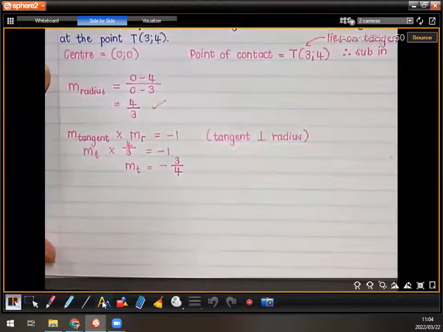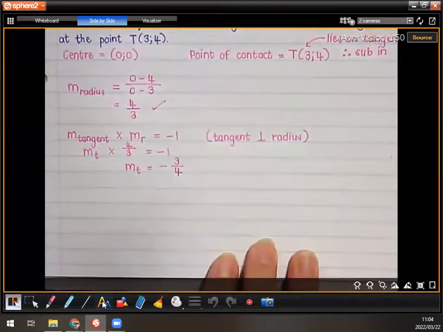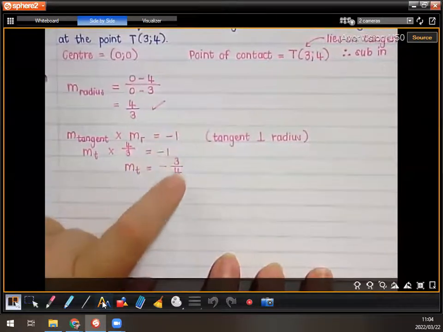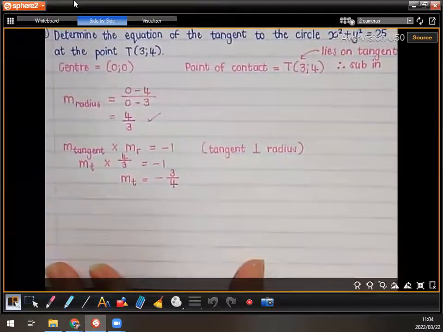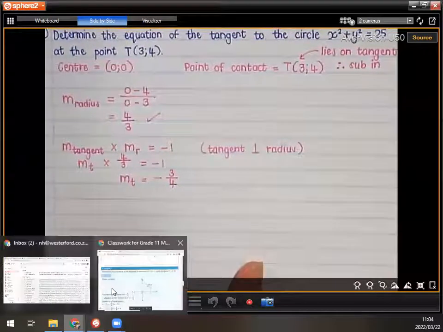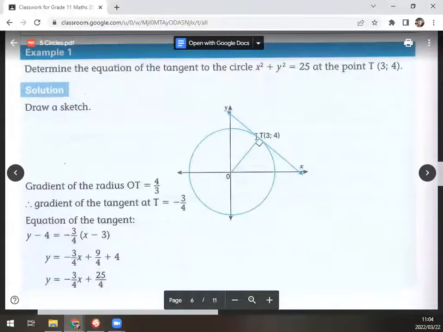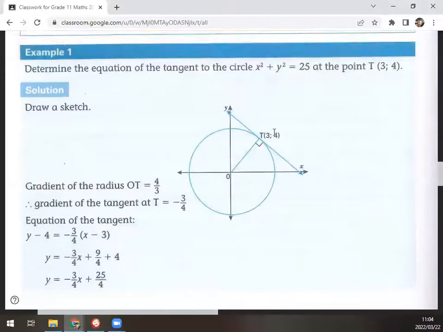And if you remember that picture that we saw, the tangent does have a negative gradient, right? It was sloping down. So it makes sense that we're getting a negative gradient. Let me show you that picture again quickly. Right, the gradient of the radius is positive, because it's going up. We did get +4 over 3 for that one.